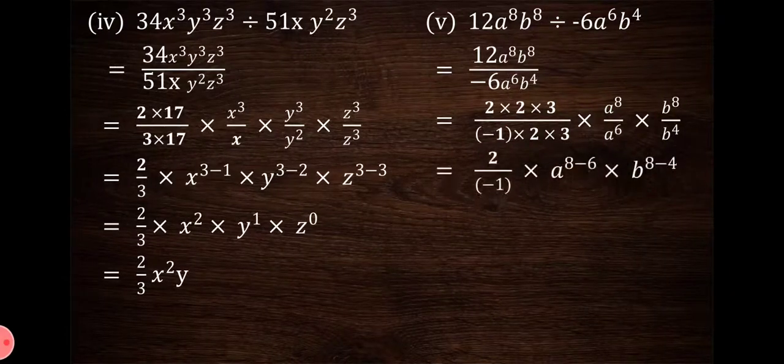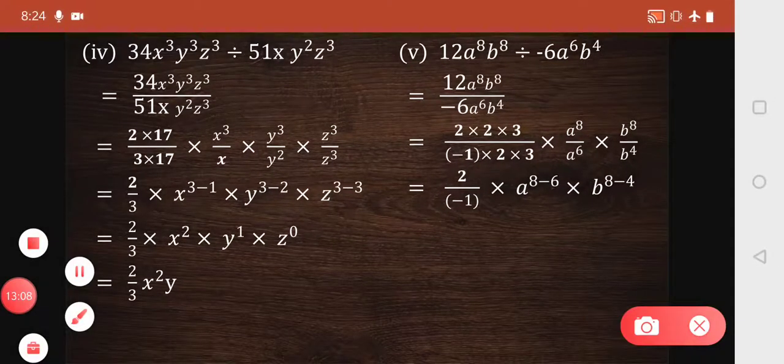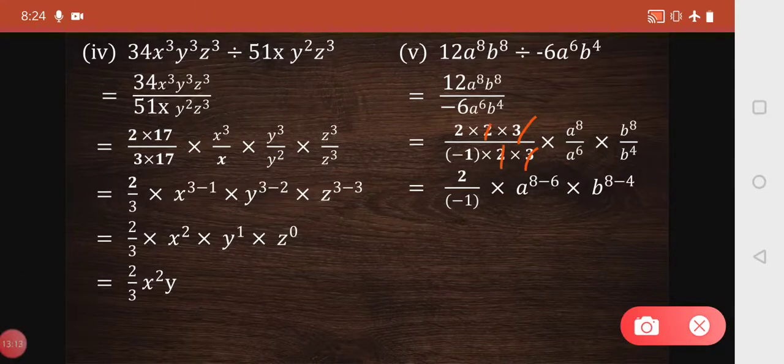That is equal to, now in numerical we can first cut, you can see here 3 and 2 we can cut. We will be left with 2 upon minus 1 into a raised to 8 minus 6 into b raised to 8 minus 4. Now here 2 upon minus 1, we know that minus 1 in the standard form is not written as denominator.